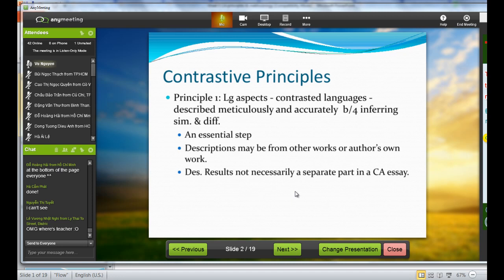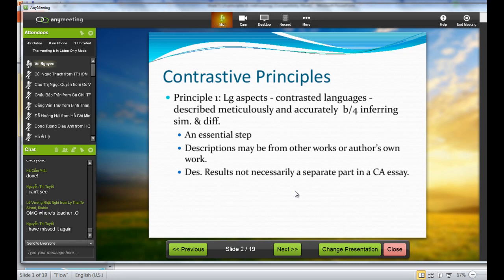Now, this description part is not necessarily a separate part in your analysis. It can go in a variety of formats.